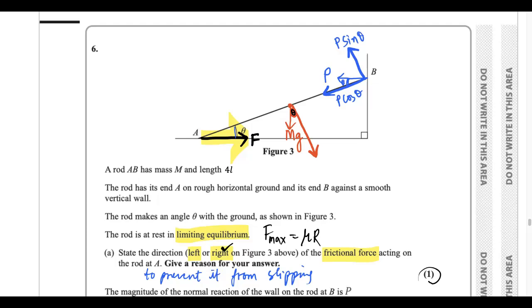So it is theta, and we are going to get this to be mg cos theta. And what about mg sin theta? Would it be that side or this direction? Yes, this is the right direction. Every time, the cos theta and sin theta components are perpendicular to each other, 90 degrees.